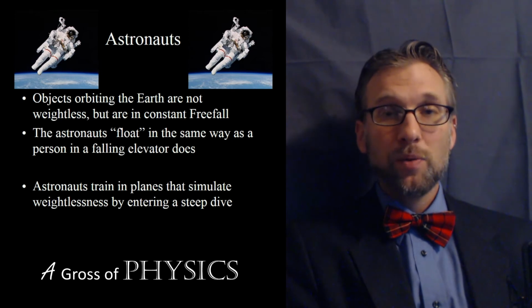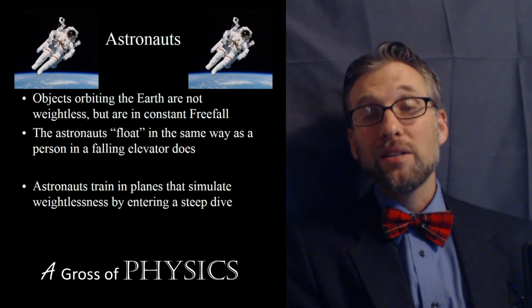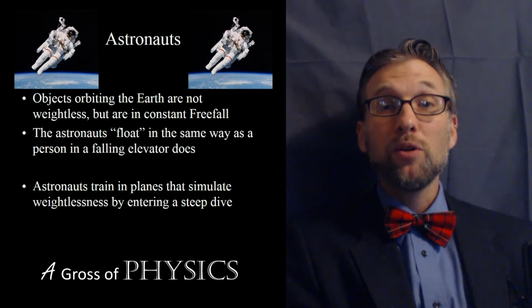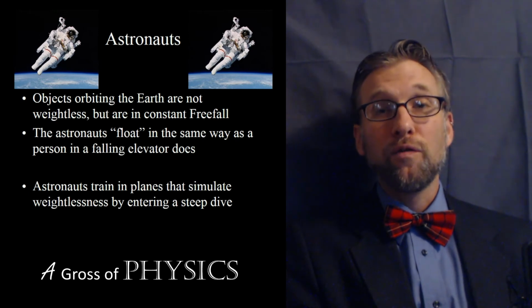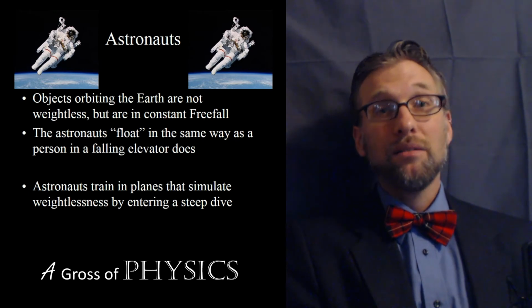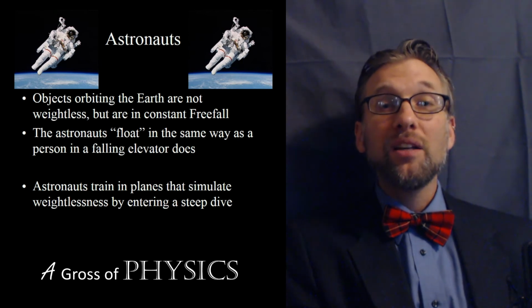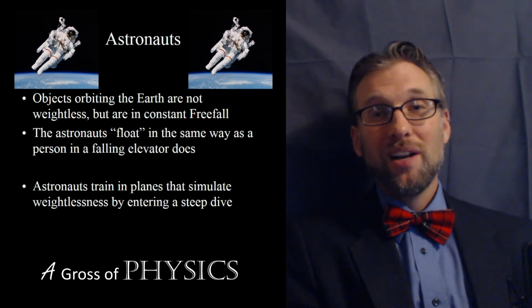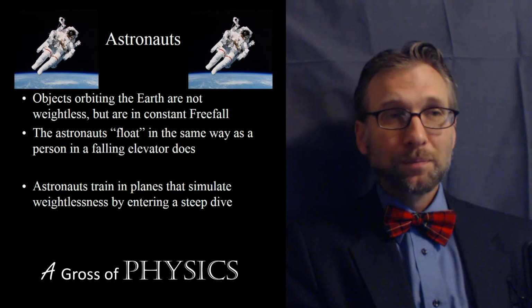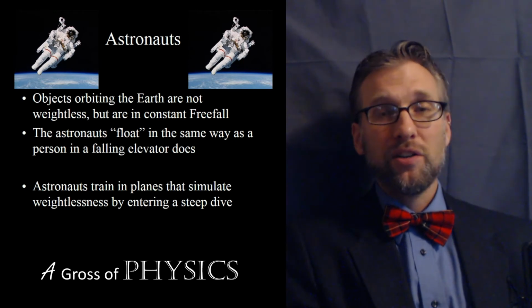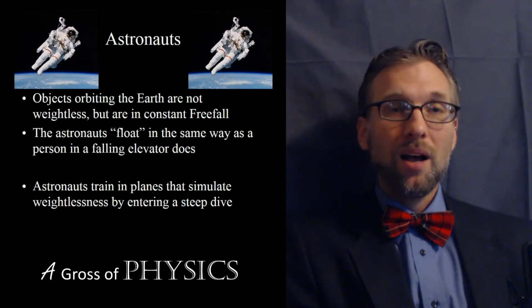The same thing can be experienced in many rides that people go to in amusement parks. Any ride where you fall towards the Earth at approximately 9.8 meters per second squared, you will feel weightless. Typically, astronauts traveling towards space will have a sensation of sickness.